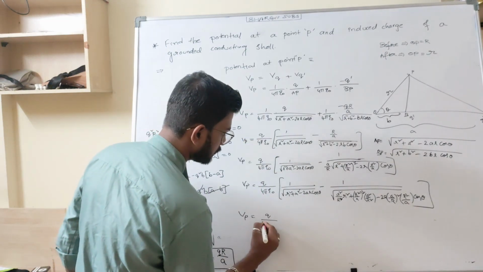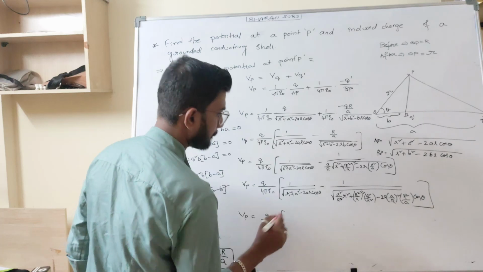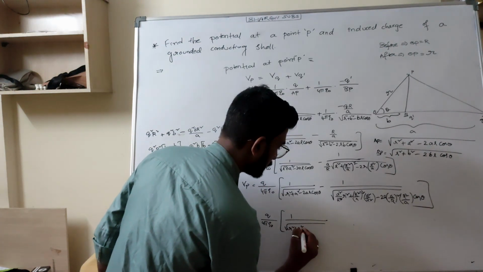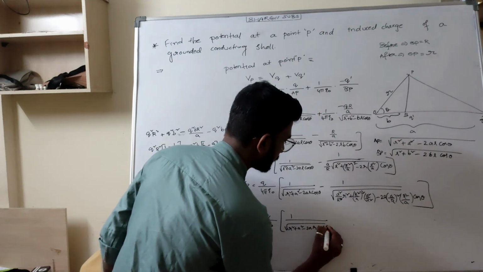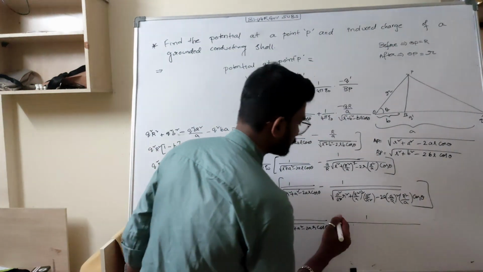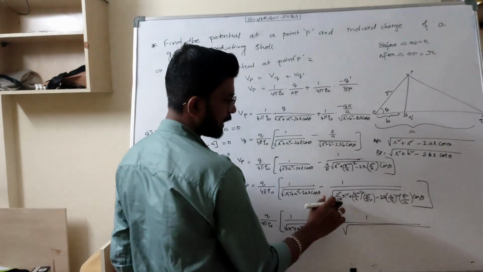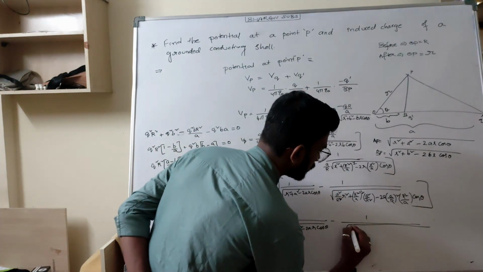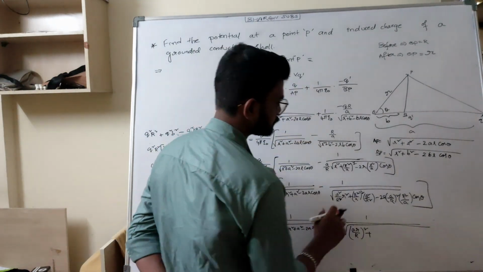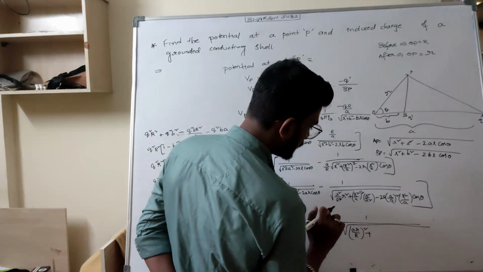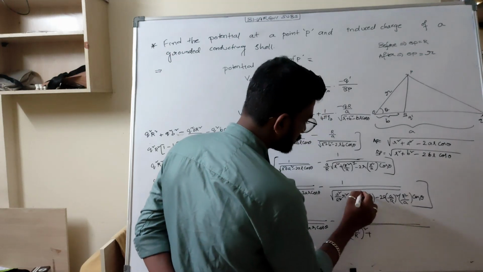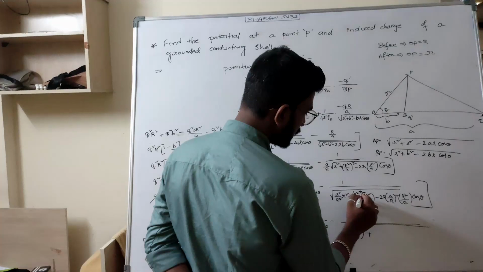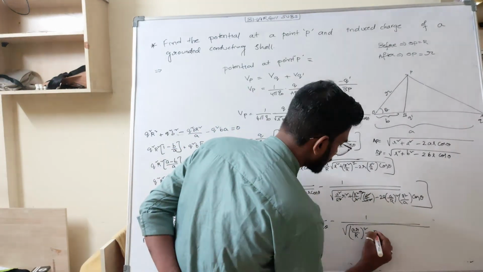So Q by 4 pi epsilon naught, 1 by root over r square plus A square minus 2 AR cos theta, minus 1 by root over, A square r square by capital R square, plus R square. See, one R square whole square gets cancelled, one A square gets cancelled, so finally I got R square.